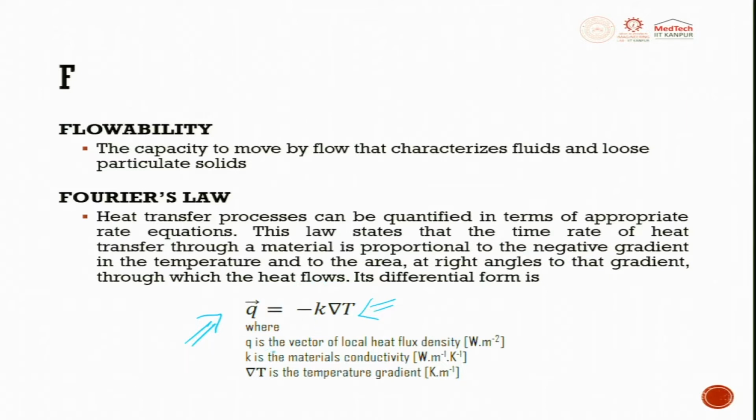So, q is the vector of local heat flux density, in watt per meter square. When you talk about per meter, it becomes meter square. Then k is the material conductivity, which is watt per meter per Kelvin. And delta T is the temperature gradient, which is Kelvin per meter.